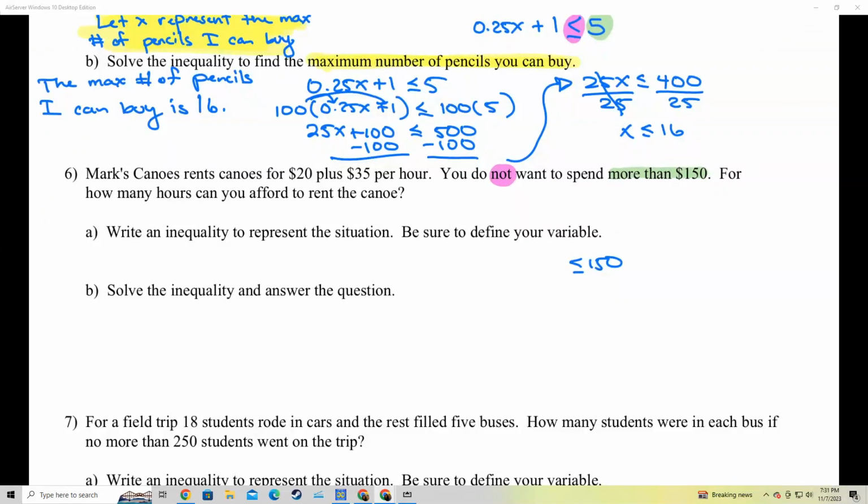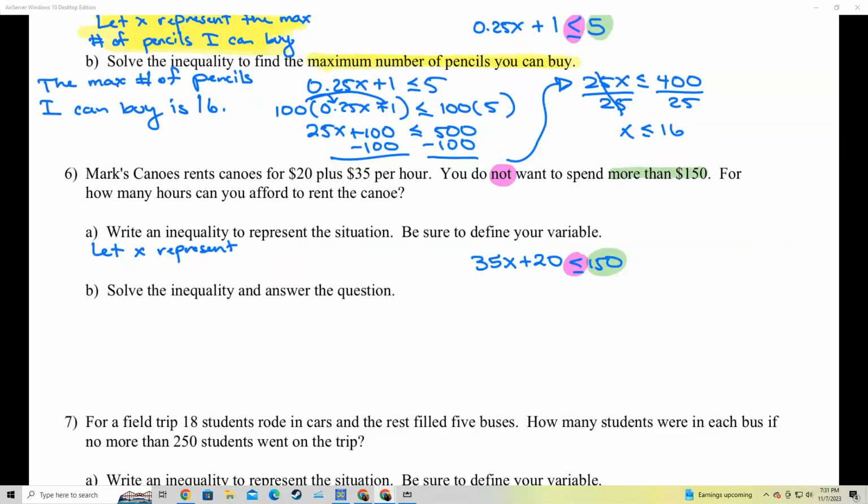What do I know? Well, I know they're going to charge me $20 no matter what, and then $35 each hour. That each hour gives me that 35x that I'm looking for, plus the one-time cost of $20. Let's go ahead and write our variable. Actually, let me finish highlighting this. I got the 150 here, and that not kind of changed the direction. And I want to define my variable, let x represent what am I looking for?